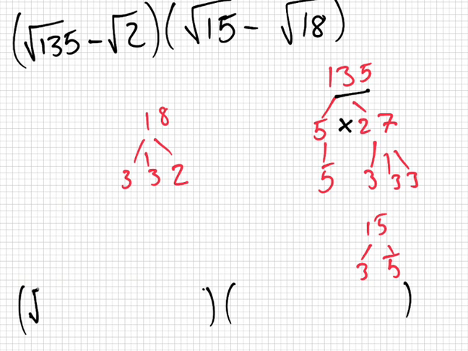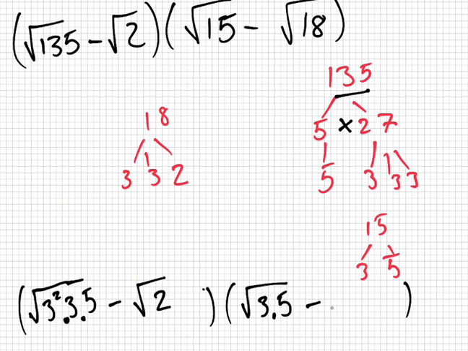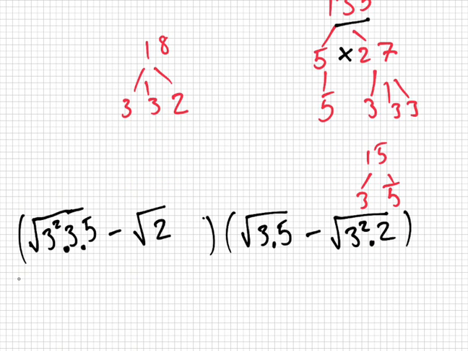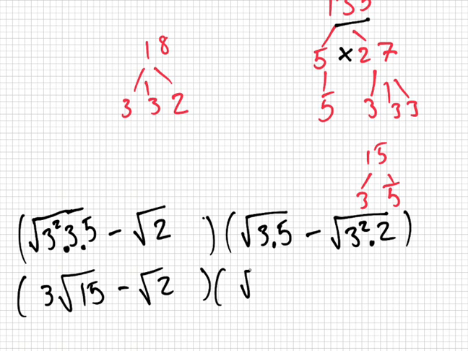So we have square root 3 squared 3, 5 minus square root 2 square root 3, 5 minus square root 3 squared 2. So that will be 3 root 15 minus root 2 root 15 minus 3 root 2.